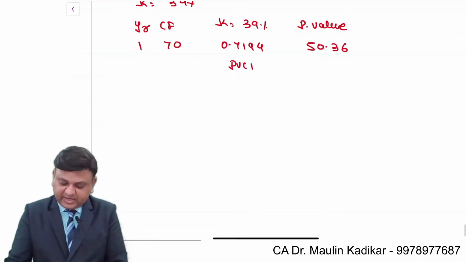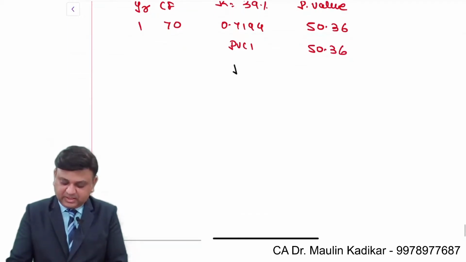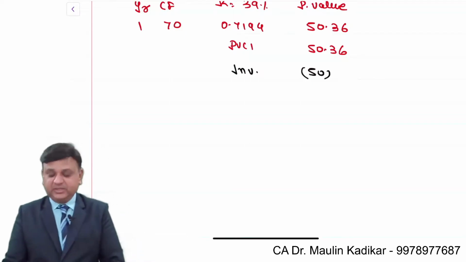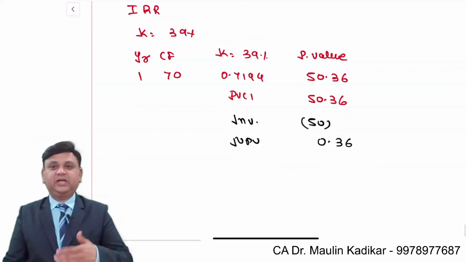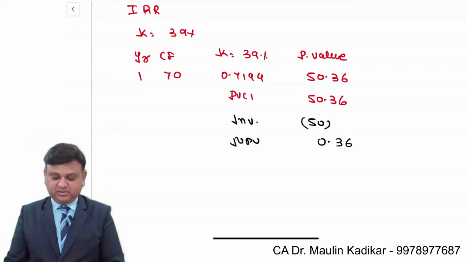So the present value of the cash inflow is 50.36, less investment 50 rupees, and based on that the NPV is 36 paise. That is the way NPV is calculated at 39%.